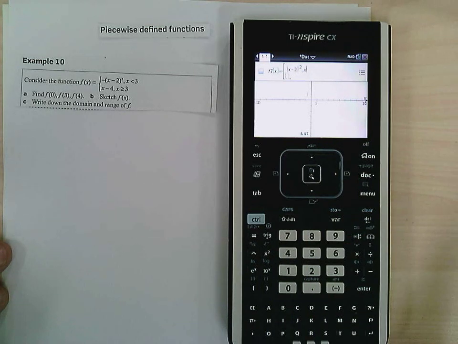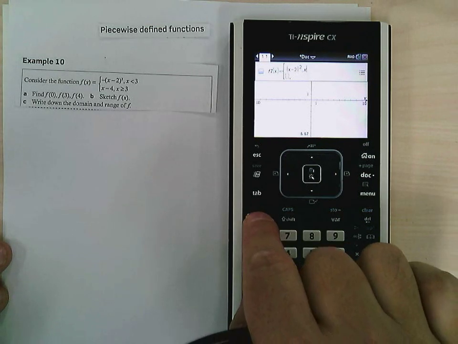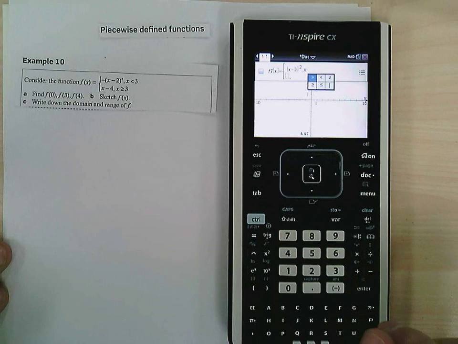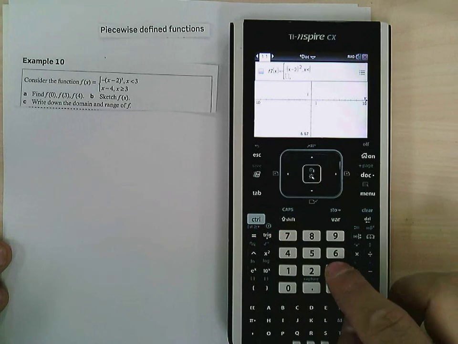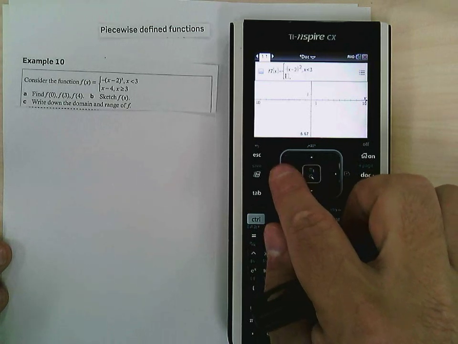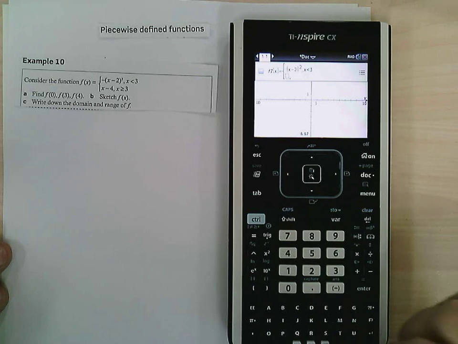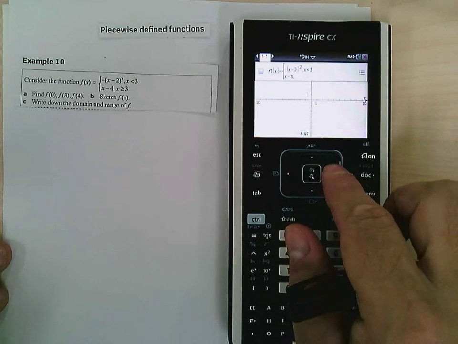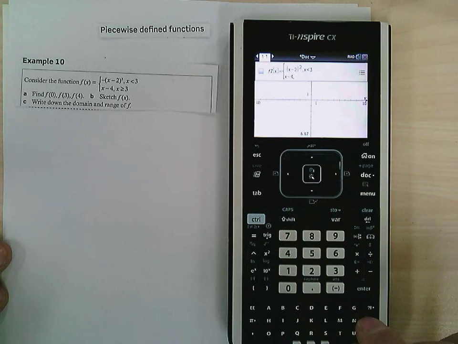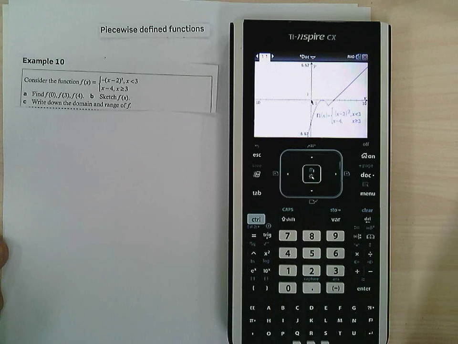To find the inequality symbols, it's the equal sign, but you have to do control equals, and it'll give you some options. Then I punch in the next parameter, which is x minus 4, for x greater than or equal to 3, and I hit enter, and it graphs the piecewise function for me.